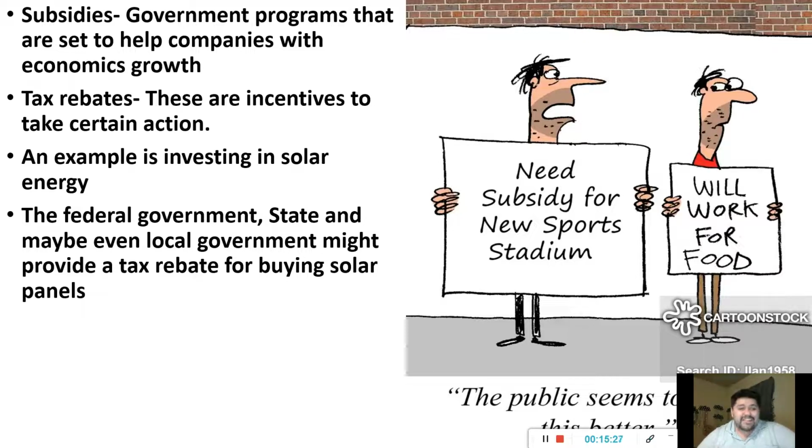Even some cities offer rebates for that. So you just have to know what is out there, especially when it comes to tax rebates, what cities, states, and the federal government are willing to give you a rebate on for doing something. They're out there. You just have to look.